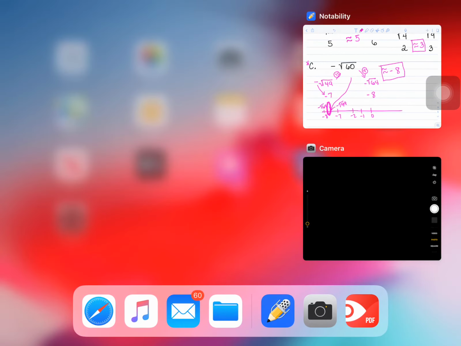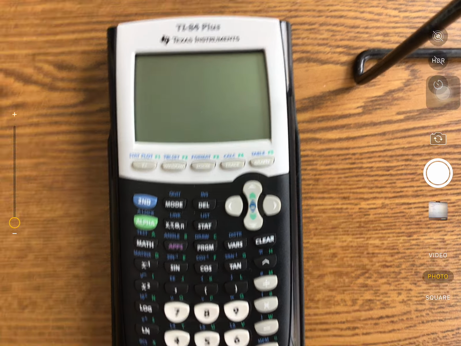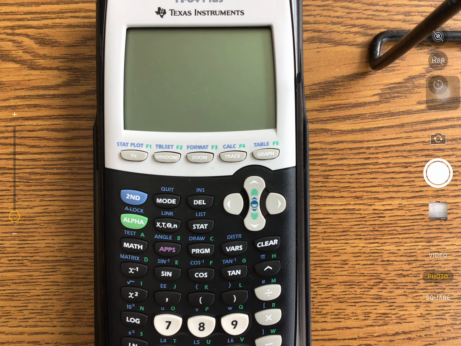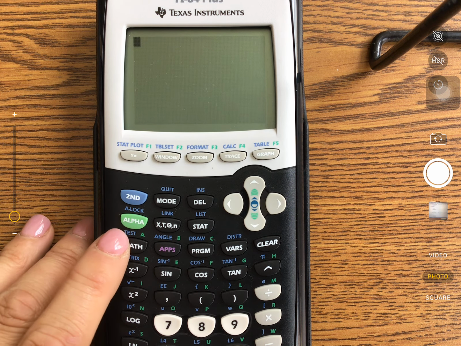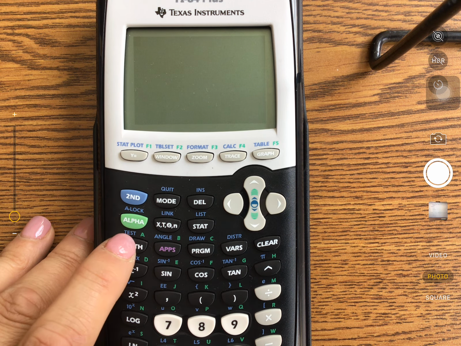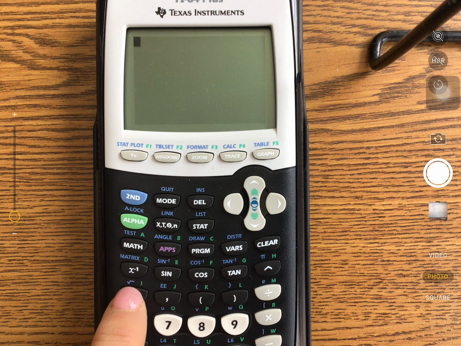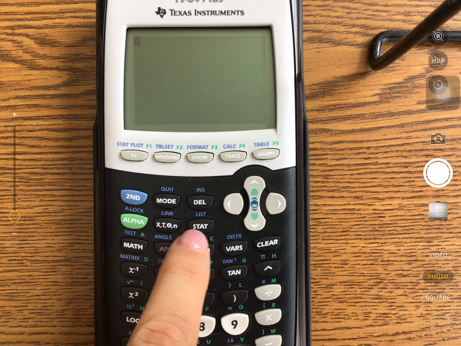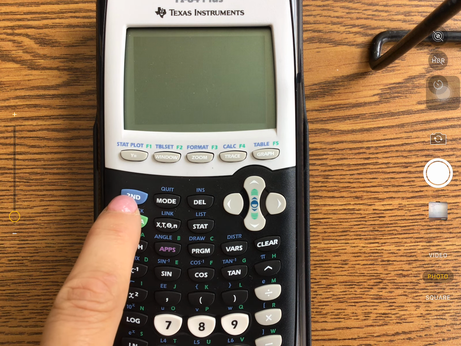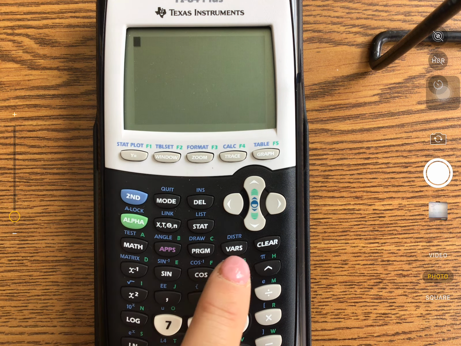We'll switch over to the camera here. I'll zoom in some so you can see. So again, we have a math button, and so we're going to be utilizing that. But first, if you look down the side, you'll see some items in blue on the calculator. This button here, second, controls those.